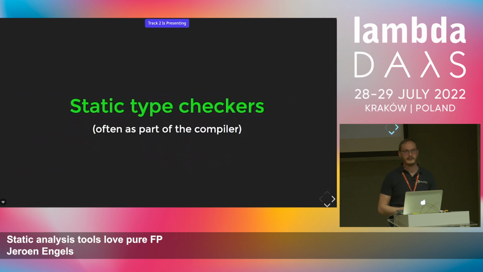So what do we use to have that guarantee? Well, that's what we use the static type checker for. They're usually part of the compiler, but not always. Like some languages like Elixir or Clojure are compiled languages, but they don't have a type checker. So you don't have these kinds of guarantees. And these tools are going to look for type mismatches or invalid operations on some values.